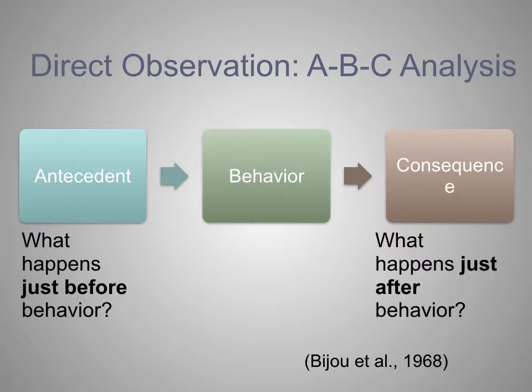It looks like this. This is an example of ABC analysis. By having repeated observation, you will figure out what happened just before the target behavior and what happened just after the target behavior. So by having multiple observations, you will figure out the contingency, the connections between A, B, and C.